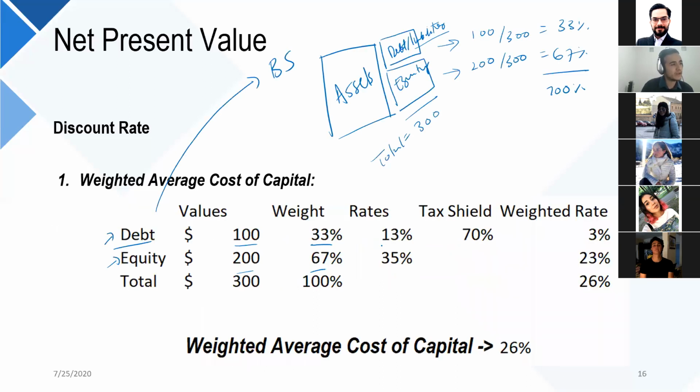So we have the rate of the debt and the rate of the equity, and this is a multiplication, all right? And this is what you get. You get 3% here and you get 23% here. Why? Because you are more financed by equity than debt.